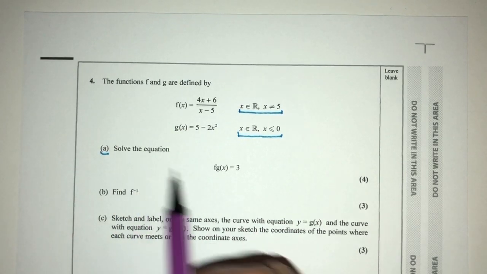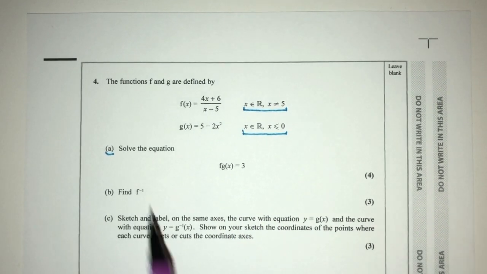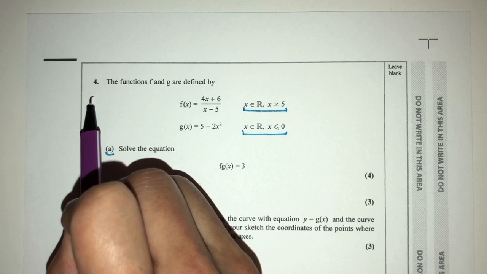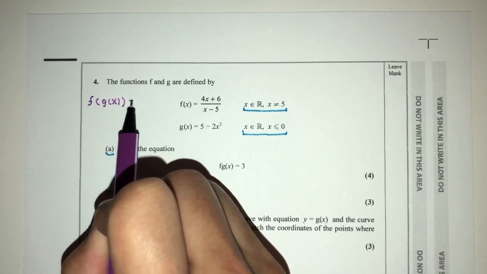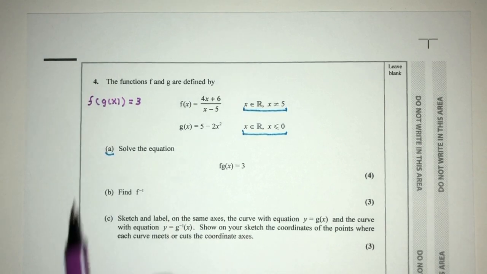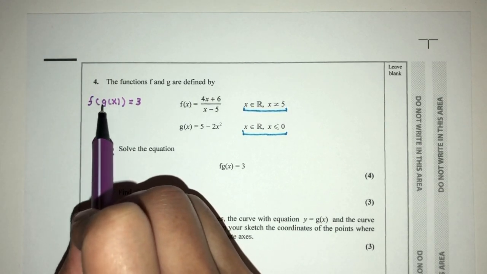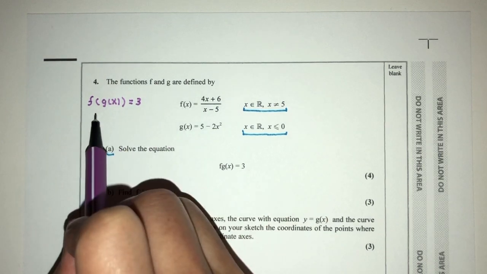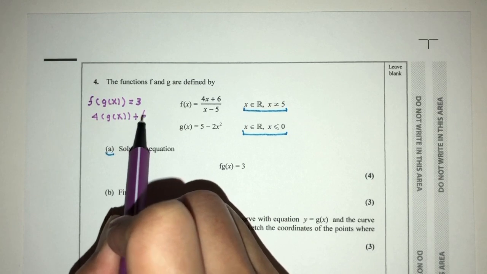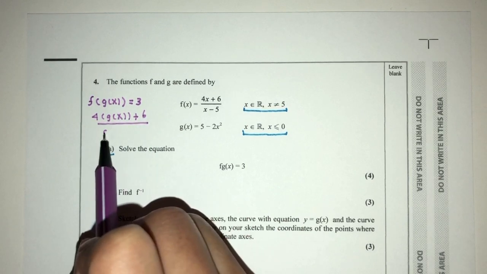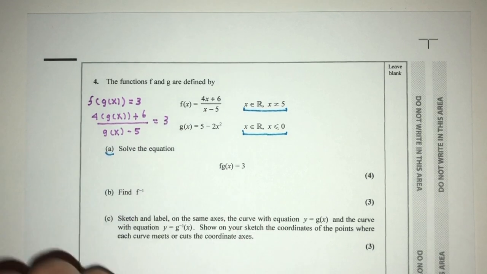So here we have to solve this equation: f of g of x equal to 3. One by one, what is f of g of x? That is basically f, take the value of g of x inside, equal to 3. Now, we replace x by g of x. That will become 4 times g of x plus 6 over g of x minus 5, which has to be 3.